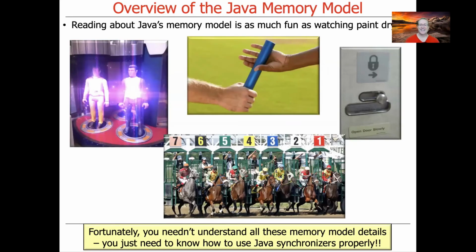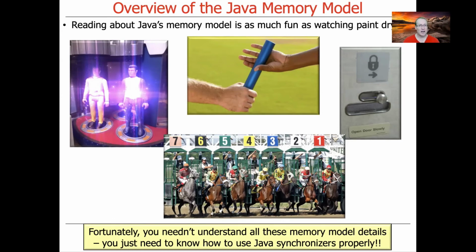However, the good news is if you learn how to use Java synchronizers, things like the synchronized statements and synchronized methods, reentrant lock, reentrant read-write lock, condition objects, semaphores, atomics, barrier synchronizers, and so on, you don't have to know much about the Java memory model. You never have to go and read that horribly boring specification, and your code will work quite nicely.